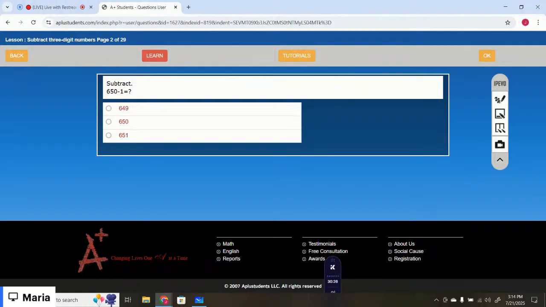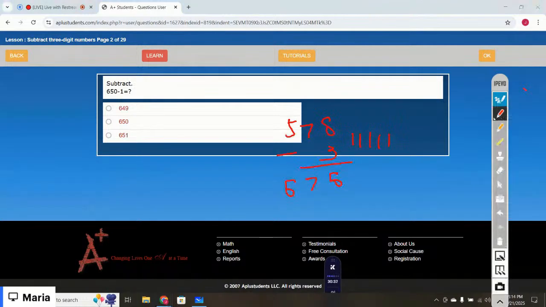650 minus 1. Let's just write them down one above the other. That is 650 minus 1. 0 minus 1, we cannot subtract 1 out of 0. So we need to borrow 1. The borrow makes 4 here and the borrow makes it 10. 10 minus 1 is 9. Bring 4 down and 6. So that is 649.